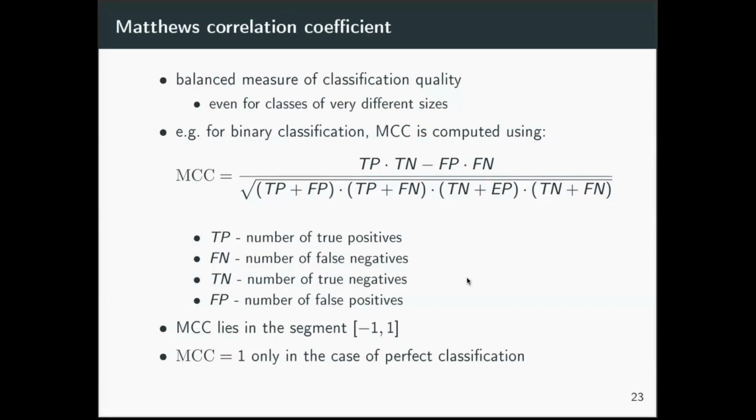For that, the Matthews correlation coefficient is a good measure because it will punish the neural network if it tries to neglect some class altogether. This is how the formula looks for binary classification, but it generalizes to more classes as well. What is important to know is that this number is always between -1 and 1, and the bigger the number, the better. An MCC of 1 corresponds to perfect classification.